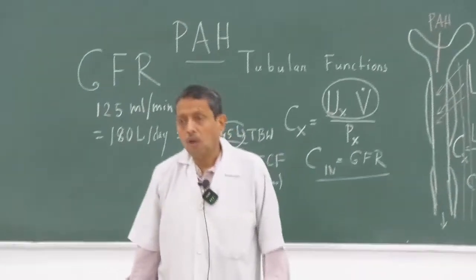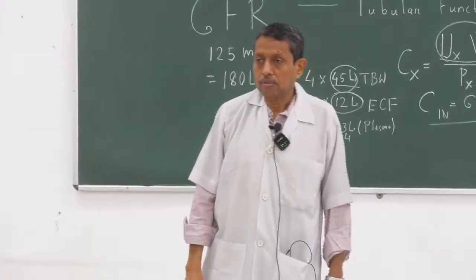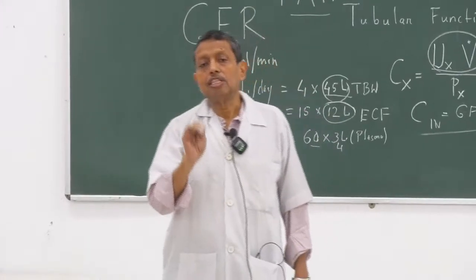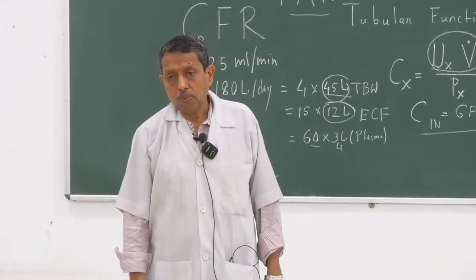It is almost all eliminated. So its clearance represents that of the renal plasma flow.